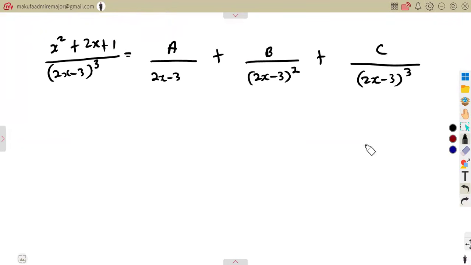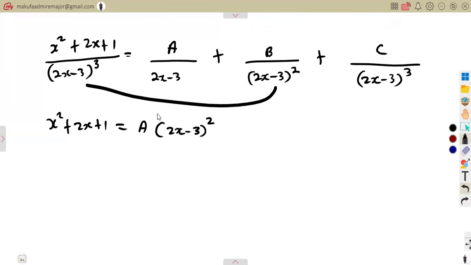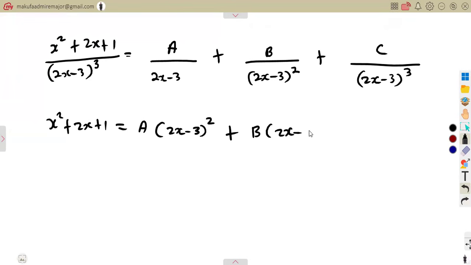We can combine this. Remember, take your numerator, x squared plus 2x plus 1 is equal to a into this bracket, meaning to say we are going to remain with 2 brackets of 2x minus 3. These 2 into this, we are going to remain with 1 bracket. So it's b into 2x minus 3. They are 3, they are also 3, so they cancel.